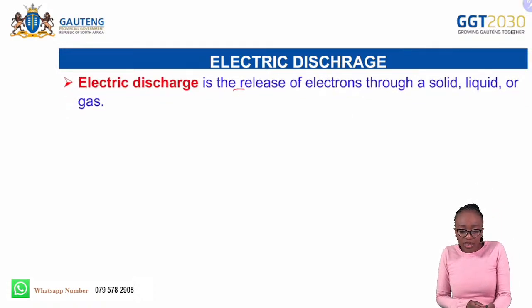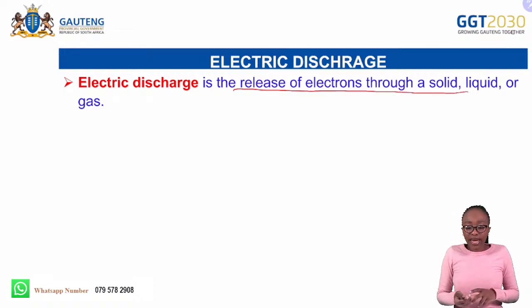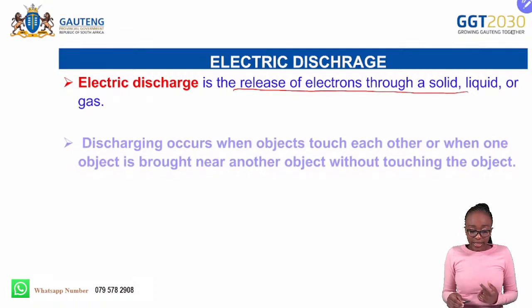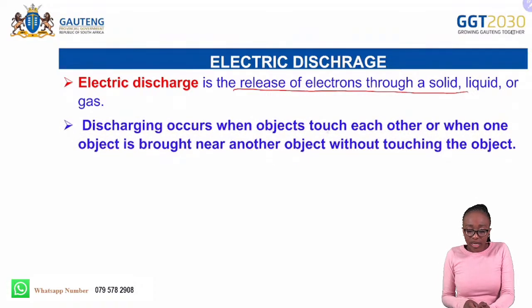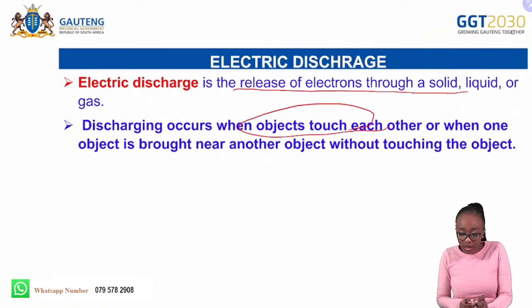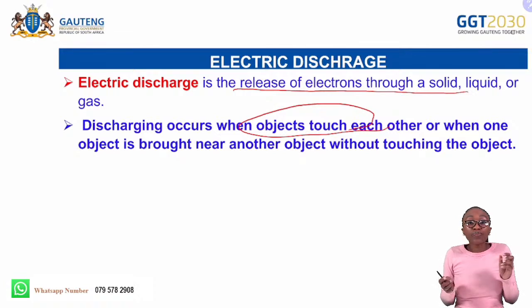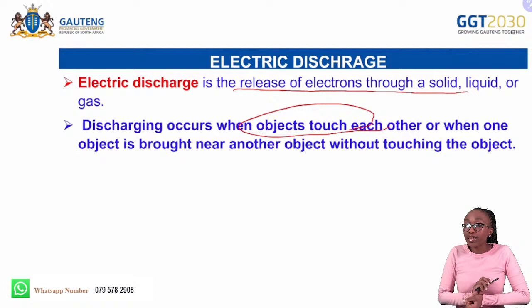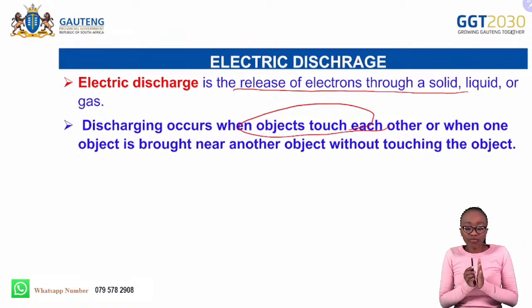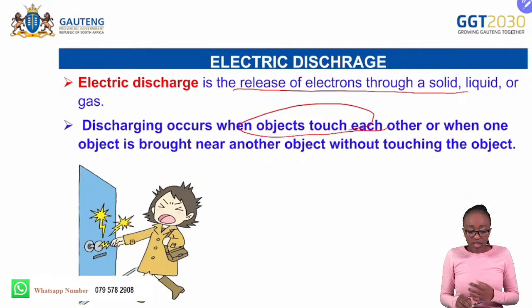This is when there's the release of electrons through a solid, liquid, or gas. So any material in any phase is capable of releasing electrons. Discharging occurs when objects touch each other, or when one object is brought near another object without touching. So it's either they touch each other or they are at a very, very close proximity. So we're capable of having electric discharge in that instance.